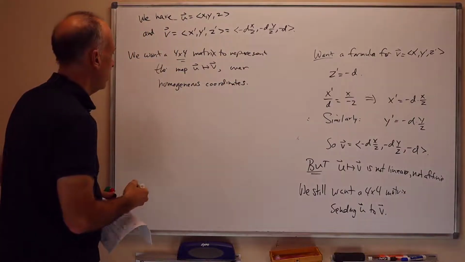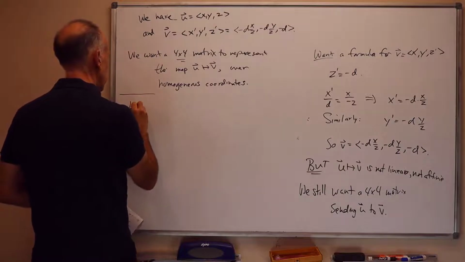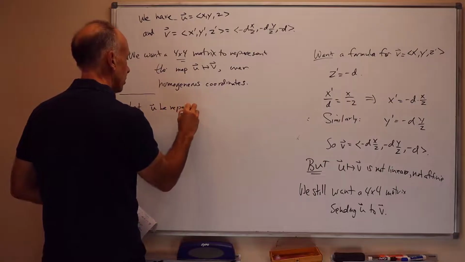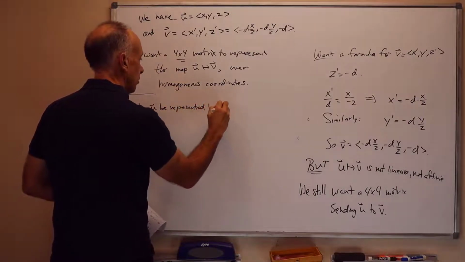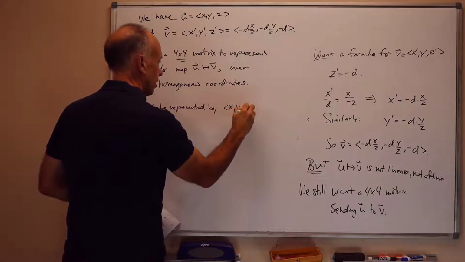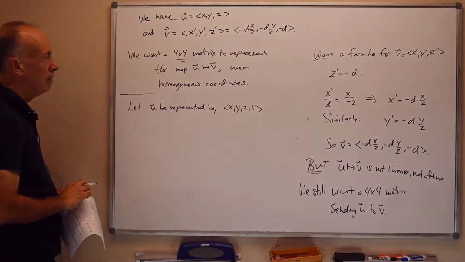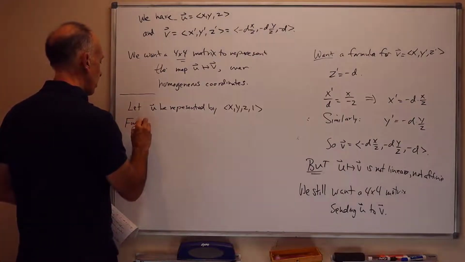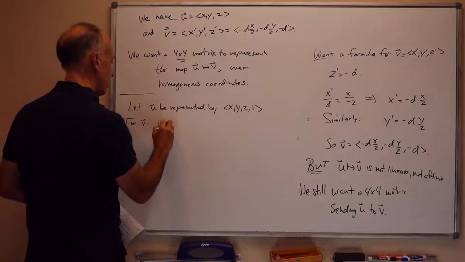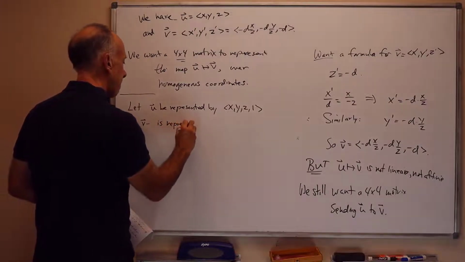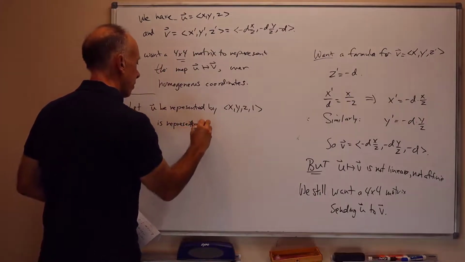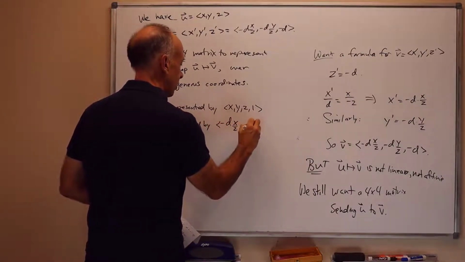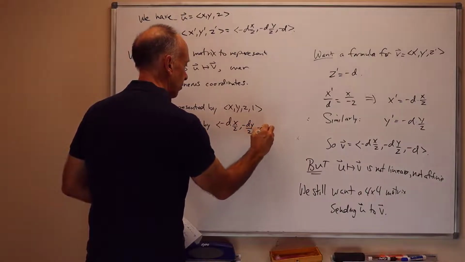So what we do for this is we let U be represented in homogeneous coordinates by x, y, z, 1. Okay, well, for V, of course, it is represented by negative d x over z, negative d y over z, negative d, 1.